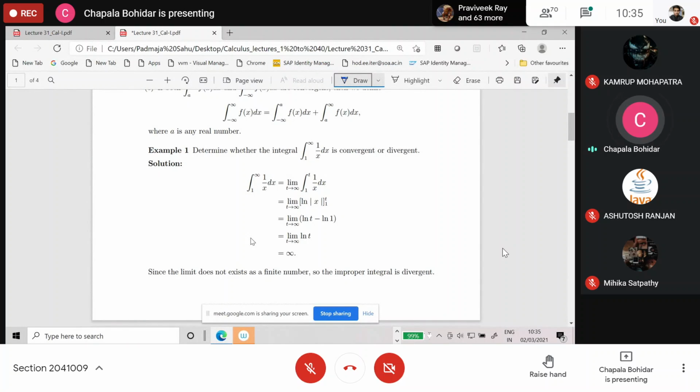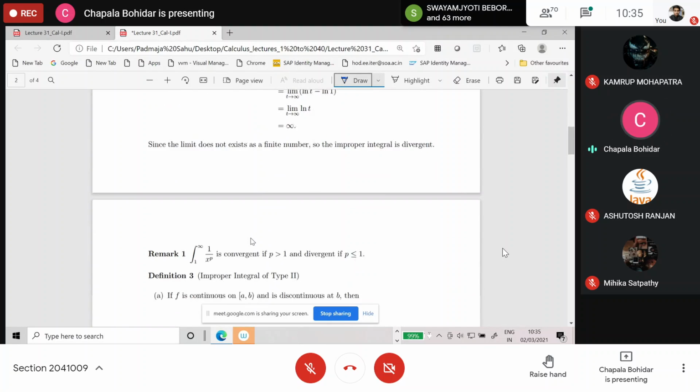There are many examples in your book. You see all those examples. Now there is a point P. For what value of P is the integral convergent? There is an example in your book.